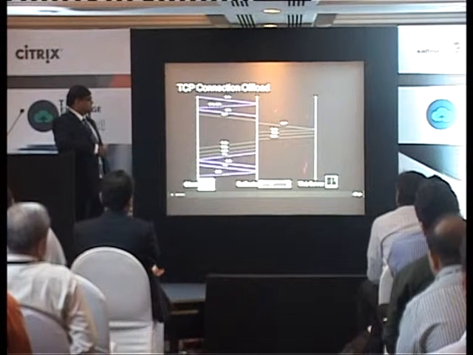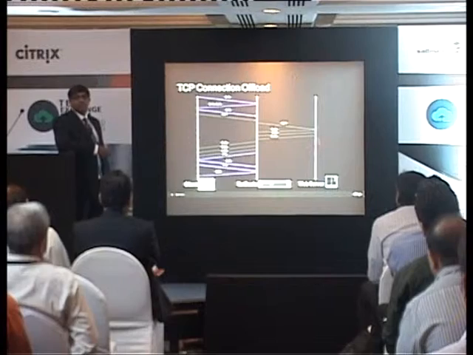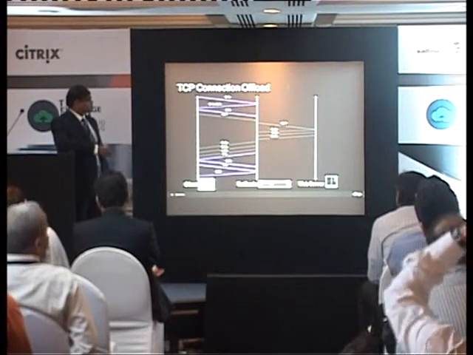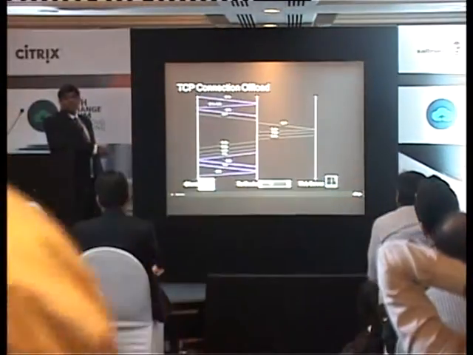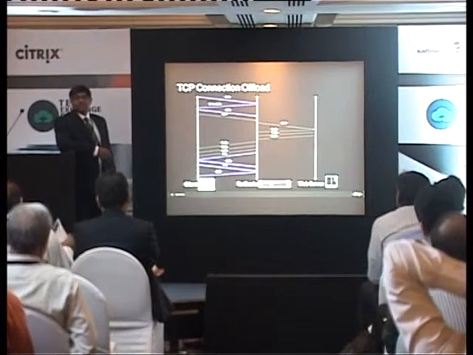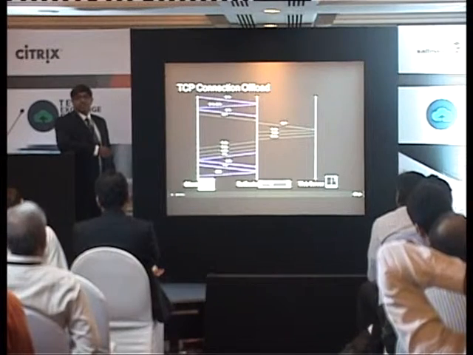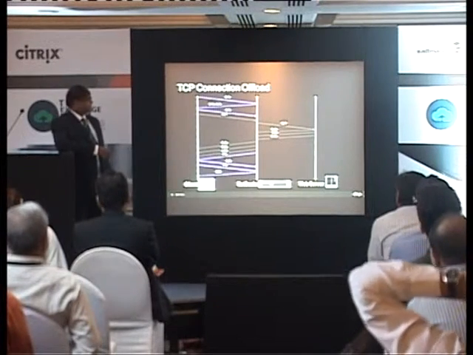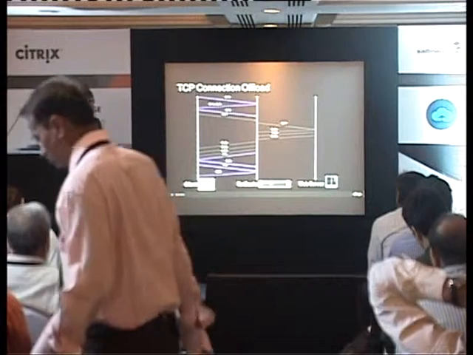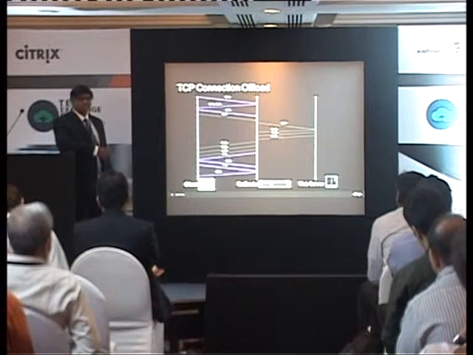The server connection is always there in the pool. This drastically reduces the CPU and memory cycles required to build up connections. So the same server which could hold up to 10,000 connections, because of reusability, is now able to hold more connections.